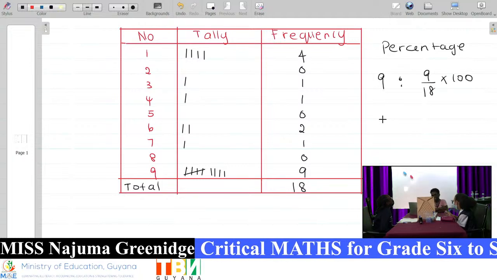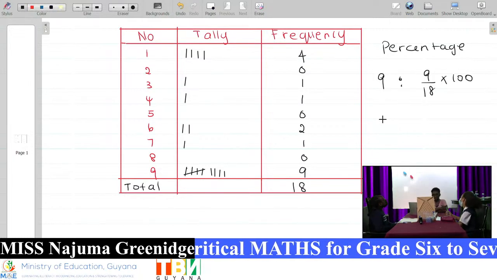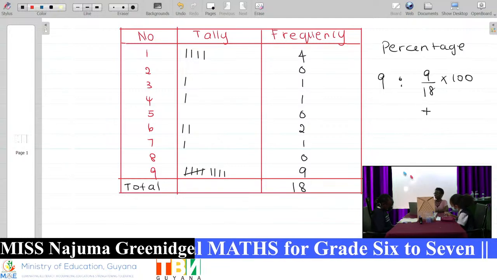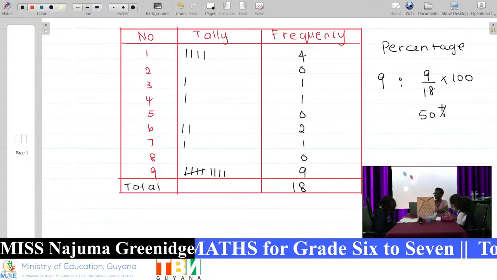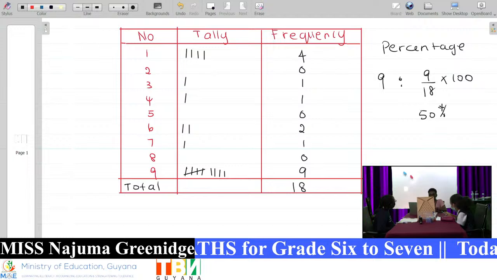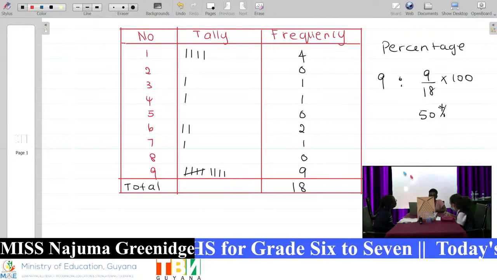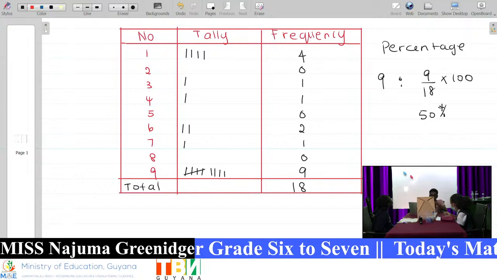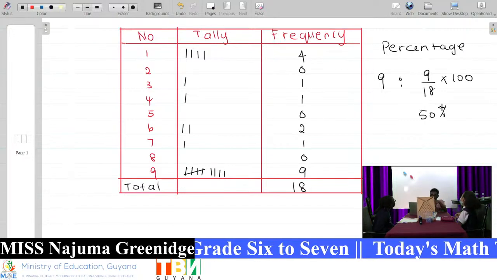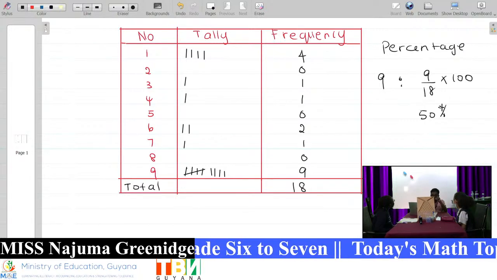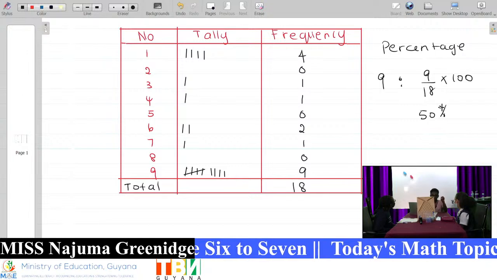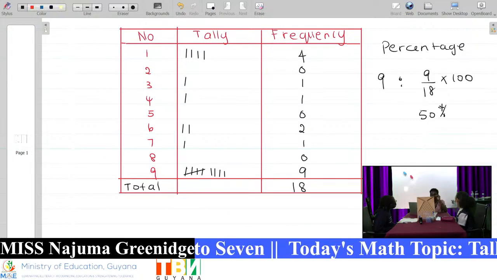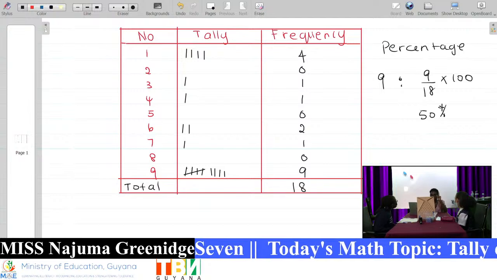Because 9 can go into 18 2 times. So half of 100, 50. So 50% of the time, the marble land on the number 9. That's what it's saying. So although you release the marble, you did 9, you did 9. So 50% of the time, the marble land on the number 9.